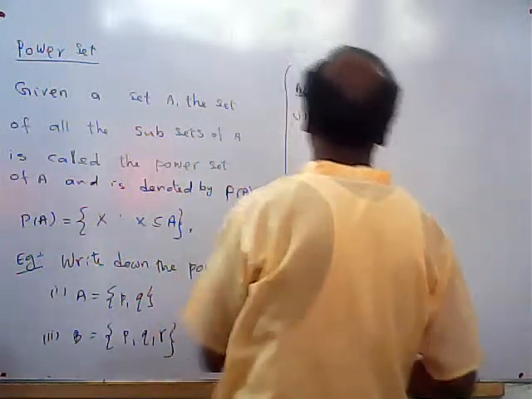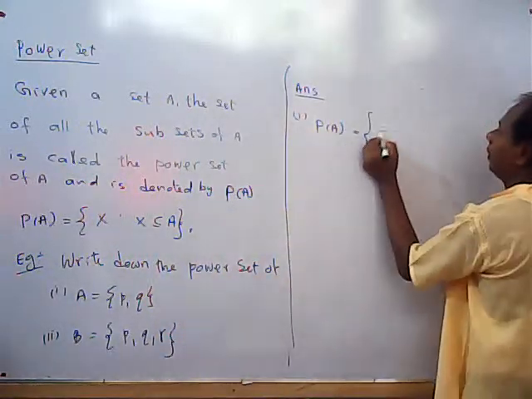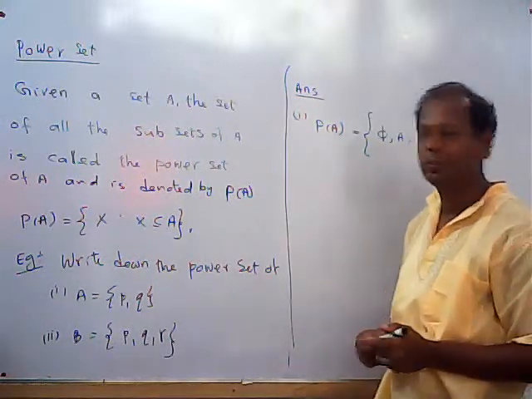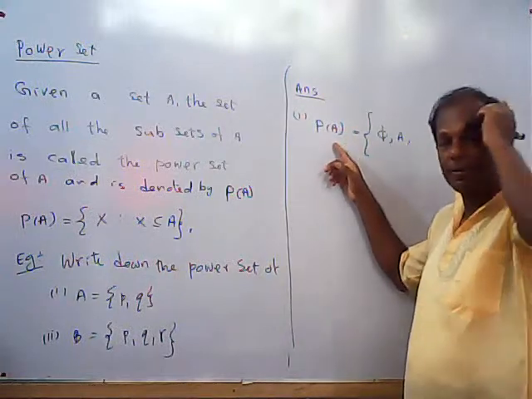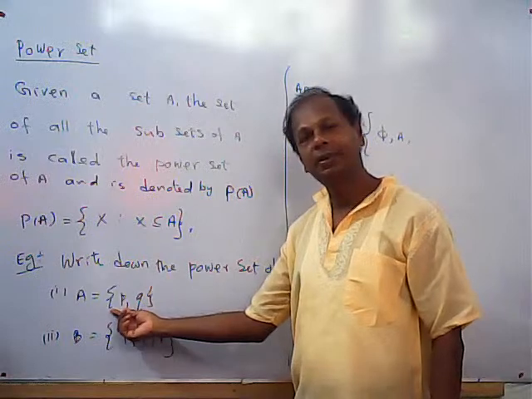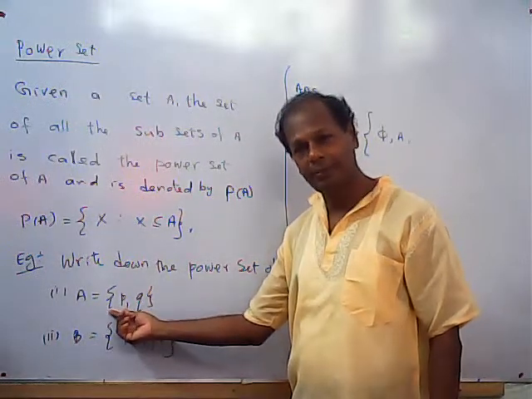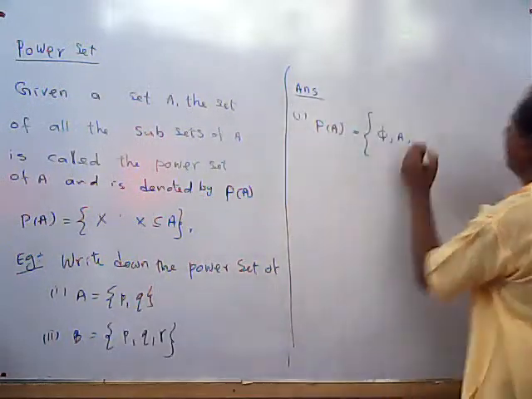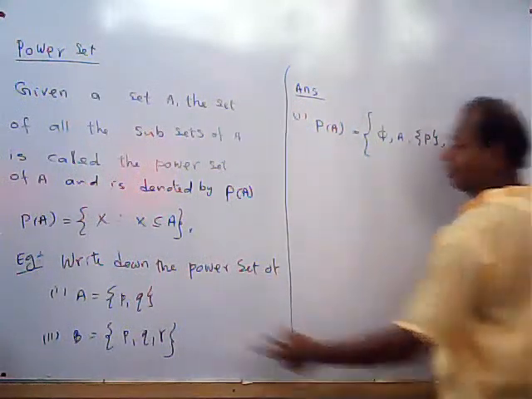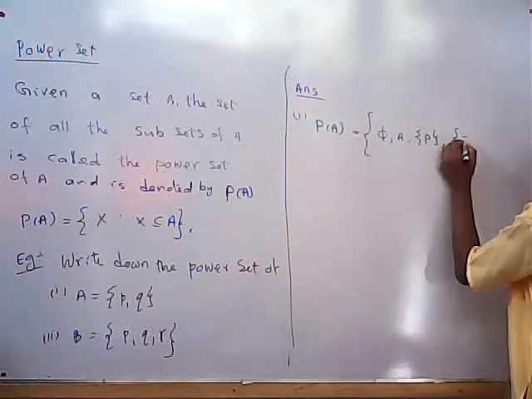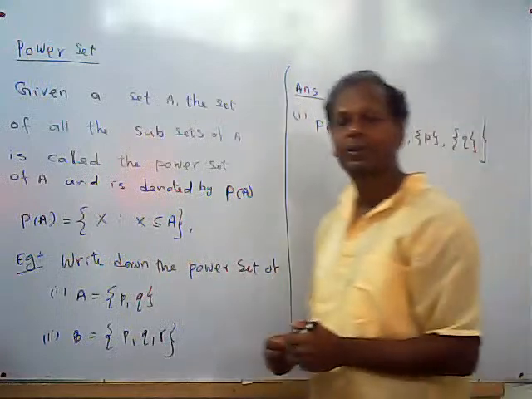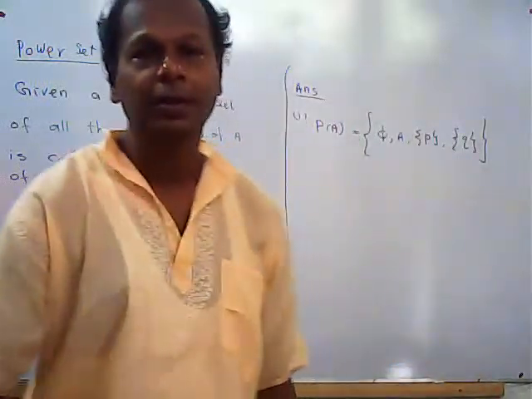So the null set and A are two elements of the power set, and we have more. There can be the set containing P as the only element, and there's another which consists of Q only. So that is the power set of the set A.